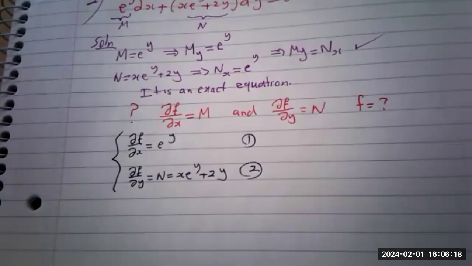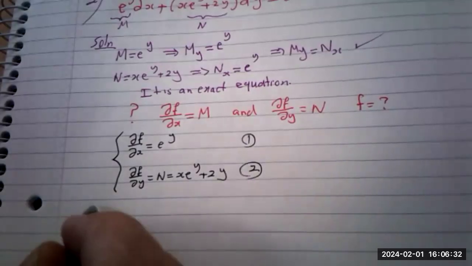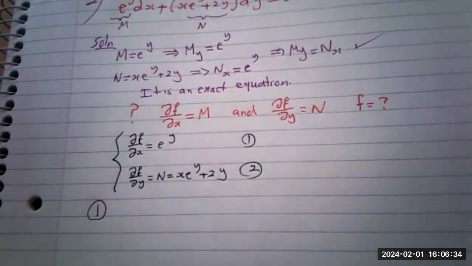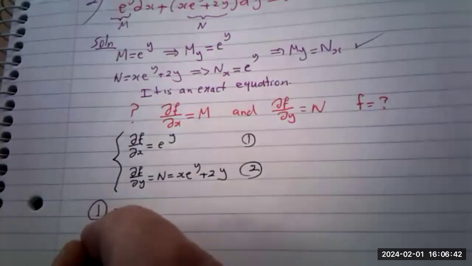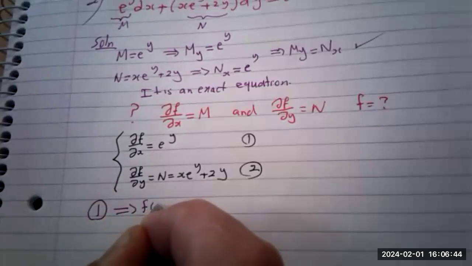You start with one of them and integrate, but since you are partially integrating, there is going to be a constant that can be a function of the other variable. For example, if we start with equation 1, I integrate with respect to x.